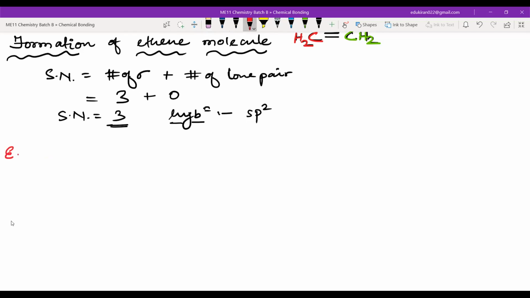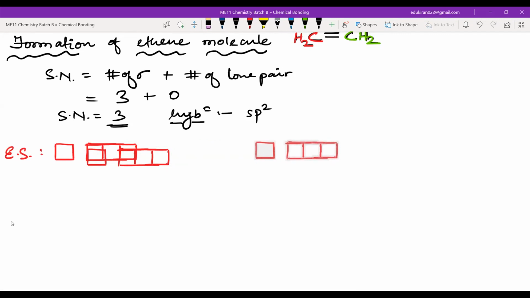This is the excited state. This is the S. This is the P. Similar will be the case for the green one also, right? All of them have 1, 2, 3, and 4 electrons. Then of these 4 orbitals, 3 will be hybridized, because one of them will not, since it is sp2.